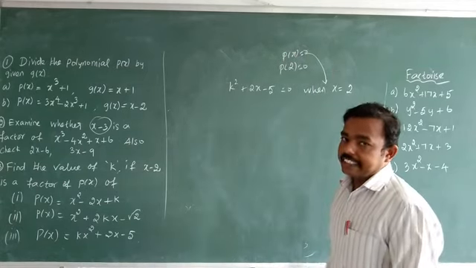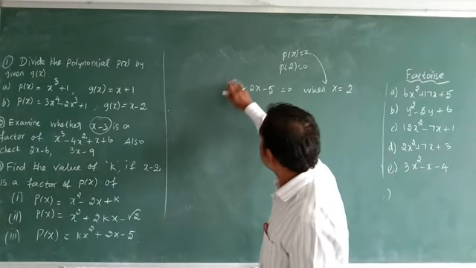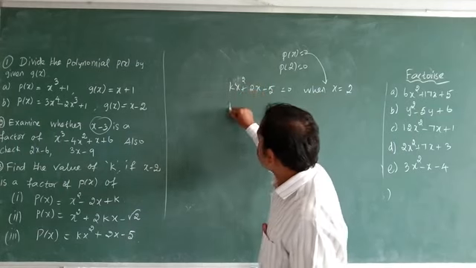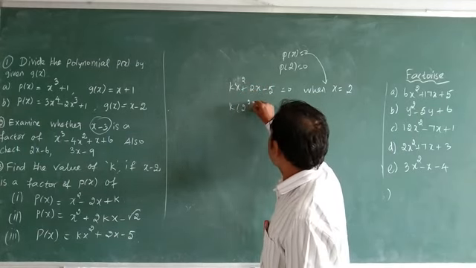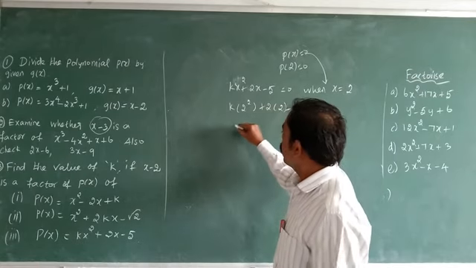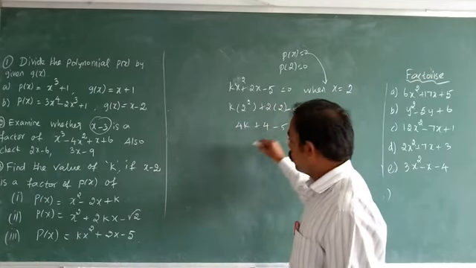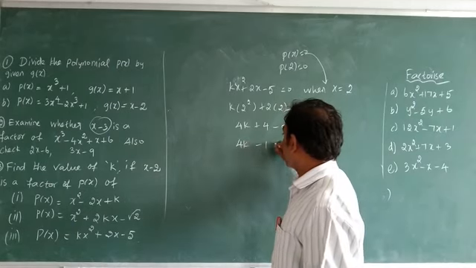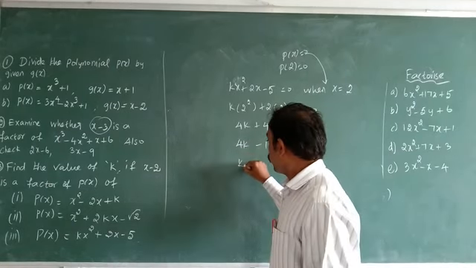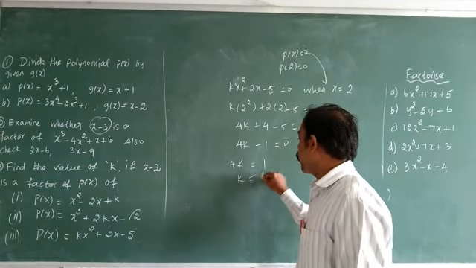So now we need to find the value of k. So k into 2 squared plus 2 into 2 minus 5 equal to 0. So 4k plus 4 minus 5 equal to 0. 4k minus 1 equal to 0. So 4k equal to plus 1. So k equal to 1 by 4.